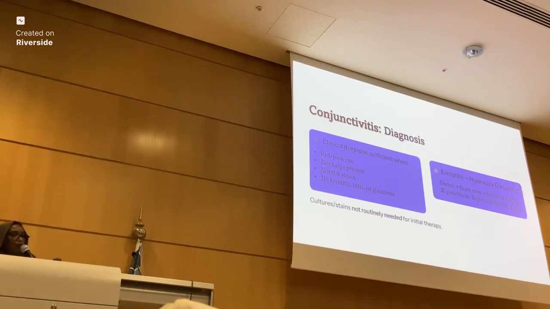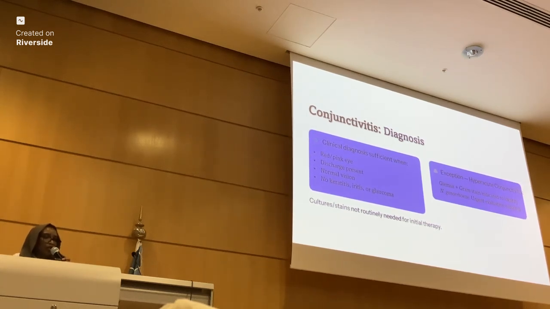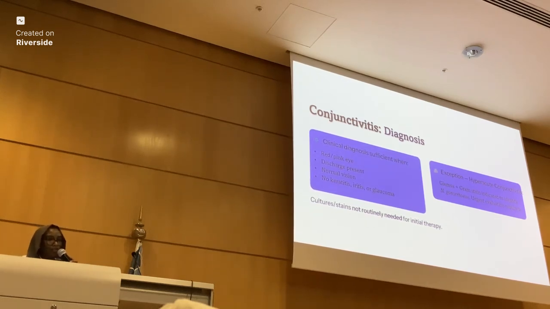So when you start to see just a red eye, you have discharge present, you have normal vision, no keratitis or glaucoma, you just rely on clinical diagnosis, which could be sufficient.